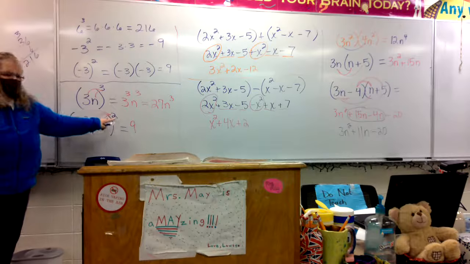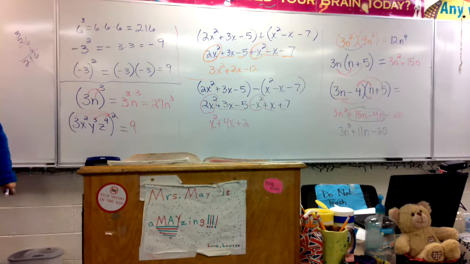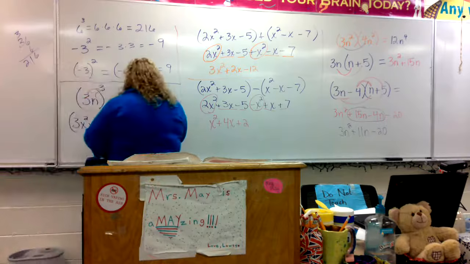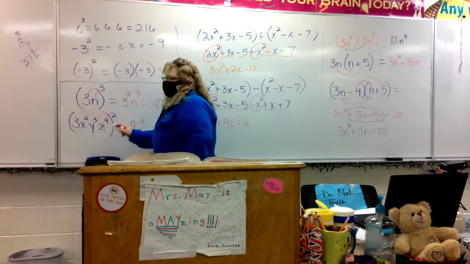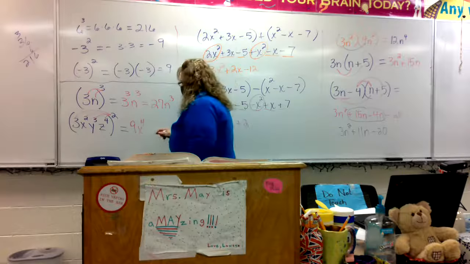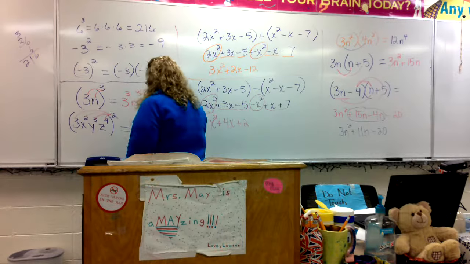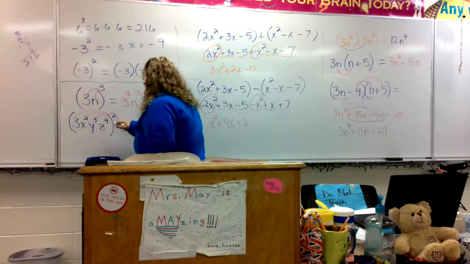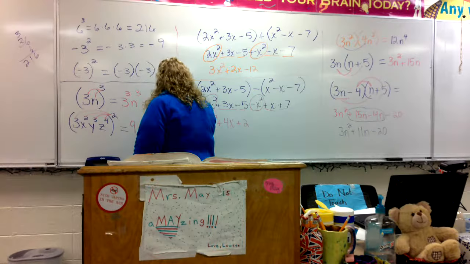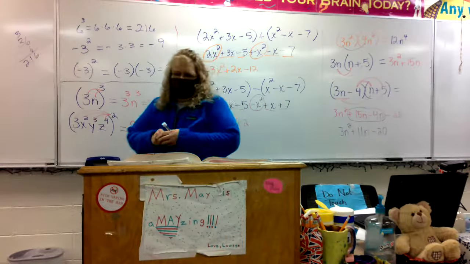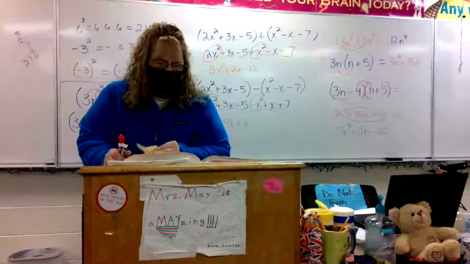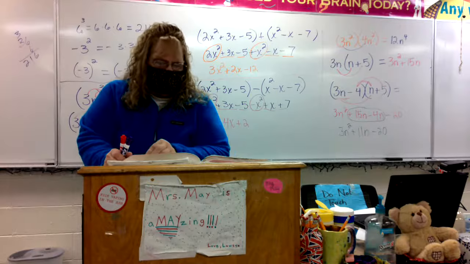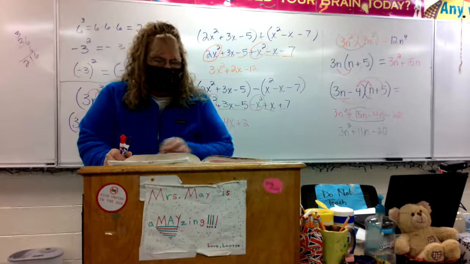What do you do to those? Multiply or add? Right, good, yes, you multiply. 2 times 2 is 4. To the 3rd, to the 2nd, multiply. And z to the multiply. We're on fire today. Did that.